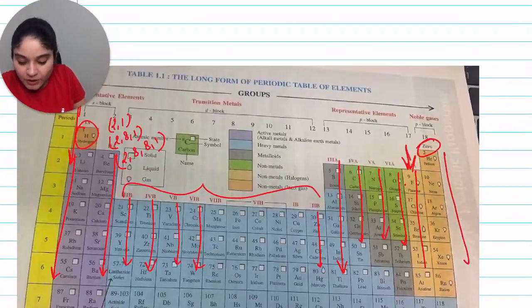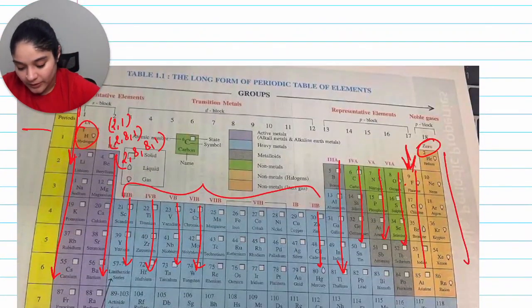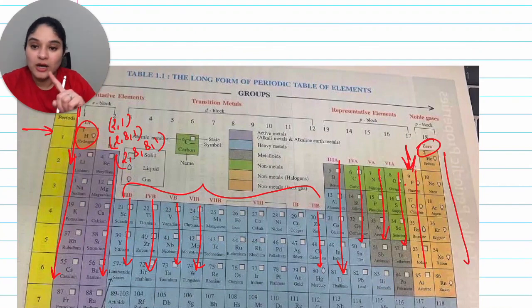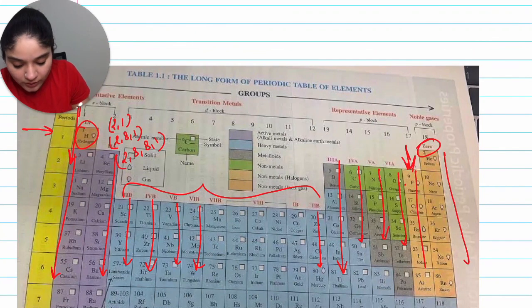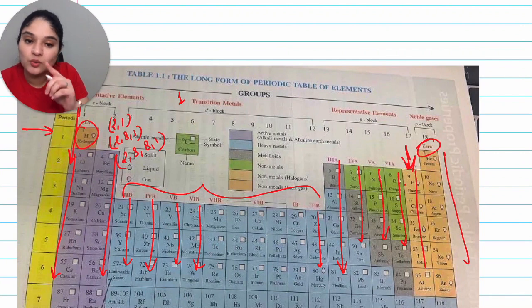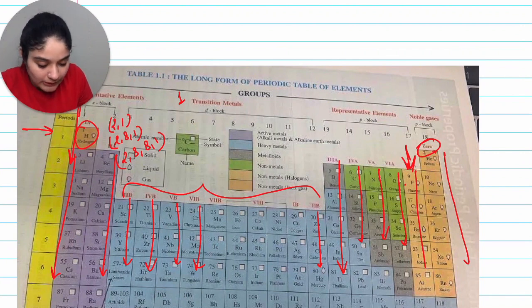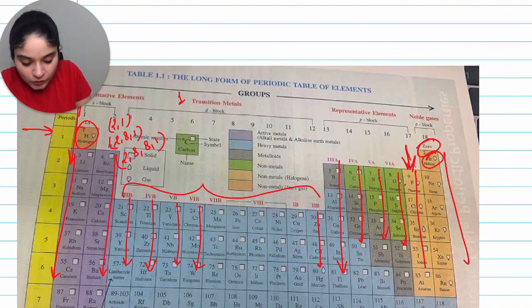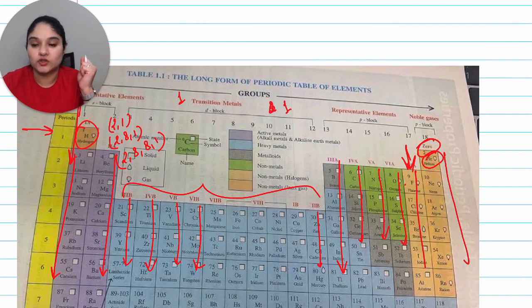When we talk about the first period, you have hydrogen. Hydrogen has 1 electron, so your number of shells is just 1. Then when you talk about helium, you have 2 electrons, so your number of shells is again 1 because the electronic configuration is just 2.